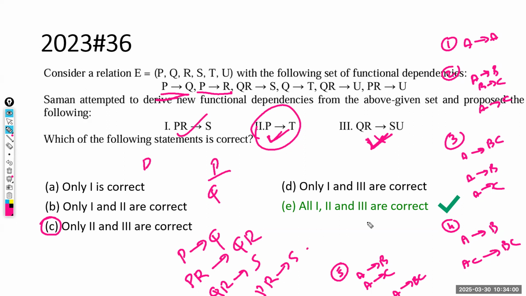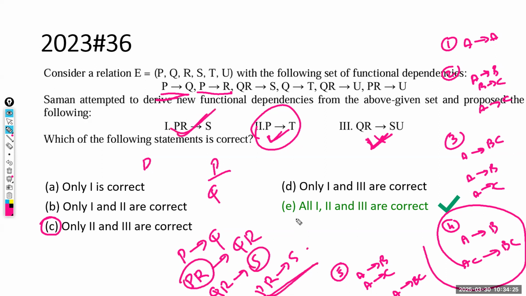So axioms and given dependencies, we can derive that PR determines S also, because P determines Q given. So that means PR determines QR by these axioms. And again they have given that QR determines S. Then transitivity, that is A determines B and B determines C means A determines C. So therefore PR determines S.